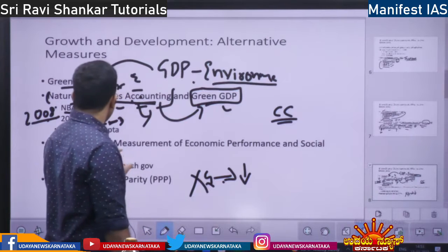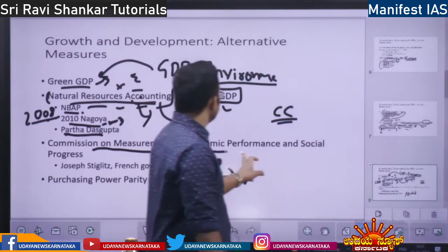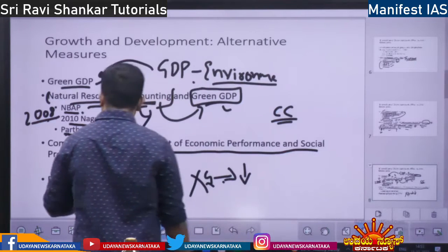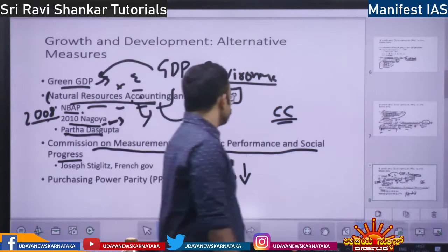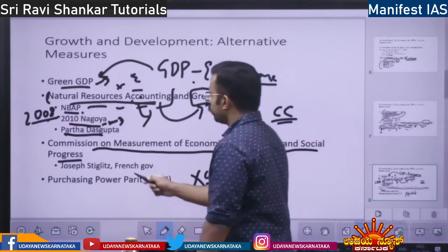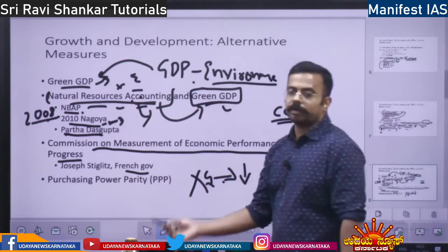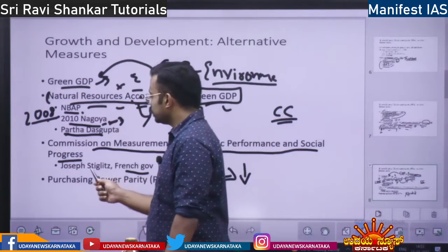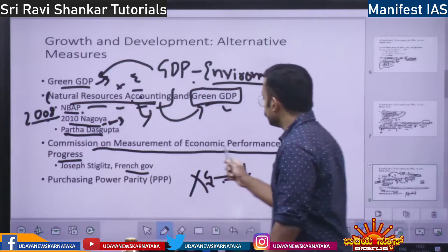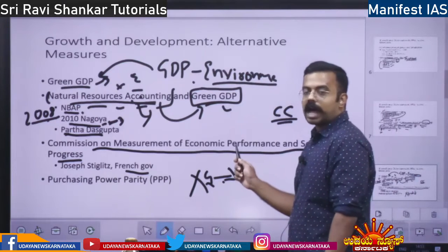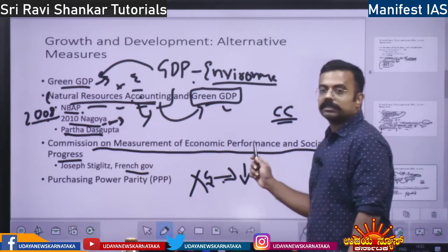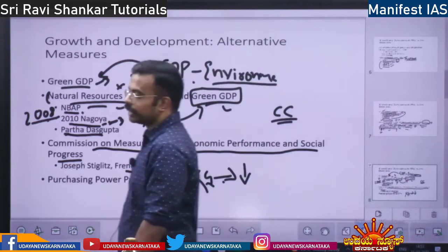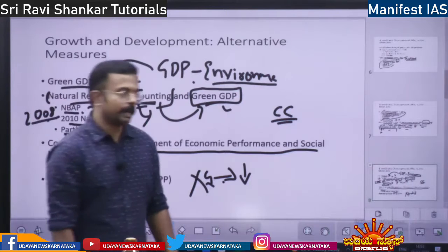Okay. Next we have the Commission on the Measurement of Economic Performance and Social Progress. This commission, the French government appoints some 20 years back. It measures economic performance, how the economy is performing, and social progress, social change.